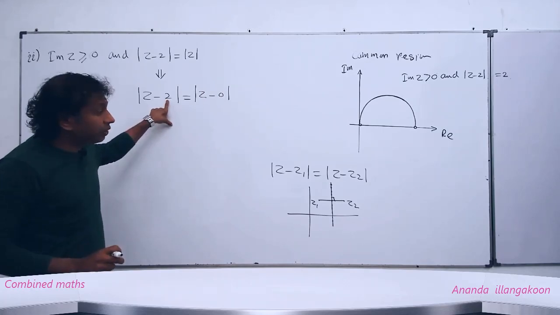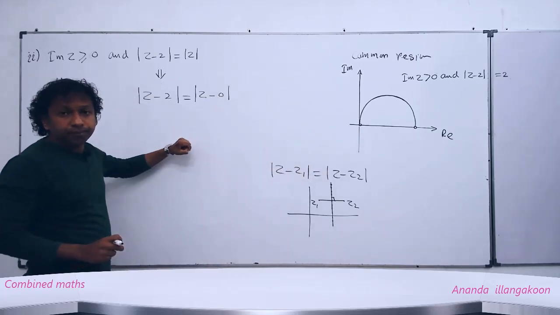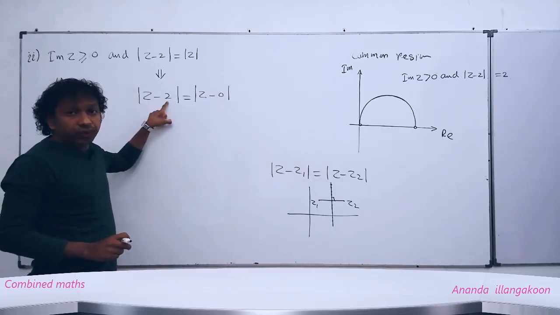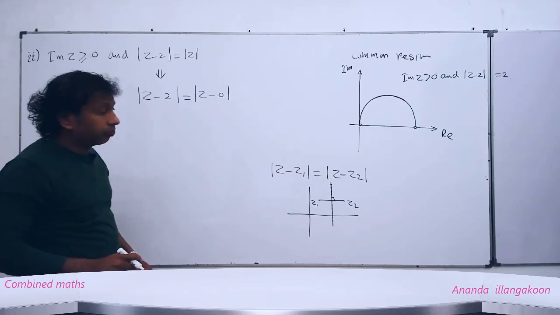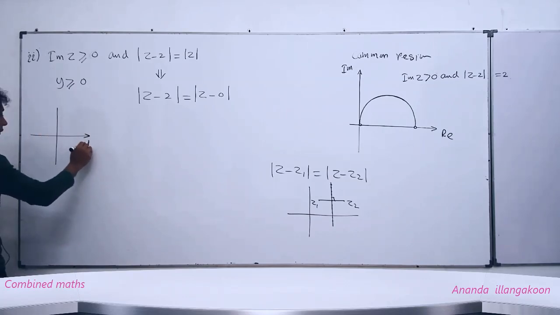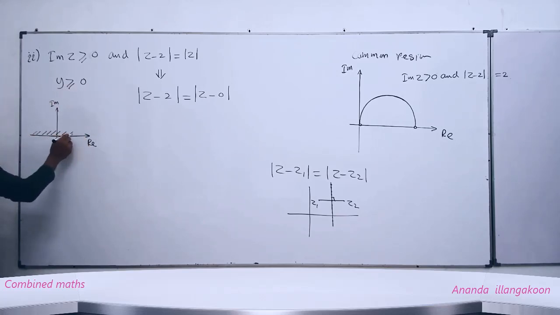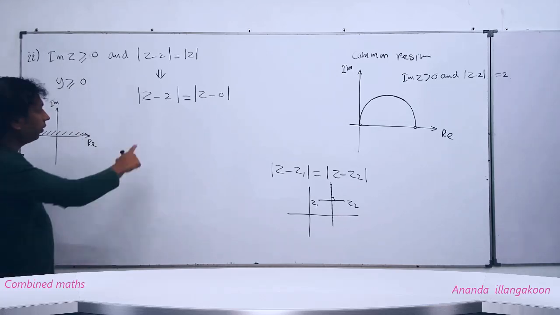Complex number 0 is at the origin. 2, people, is purely real, on the positive real axis at 2, right? Then we can write it like this. Real axis, imaginary axis. Therefore, this time including this point, this one.